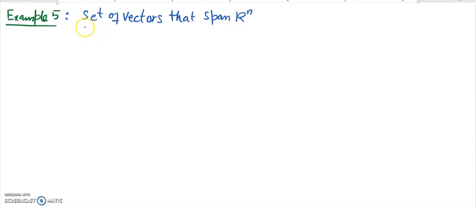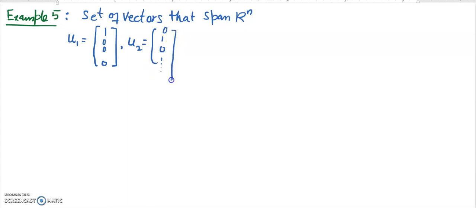So in this case, as one example, we can have some vectors. u1 is something like this: start from 1 and then 0, 0, and so on up to n terms. Vector u2 can be 0, then 1, and then 0, and so on up to n terms. So that means every term is 0 except the ith term.